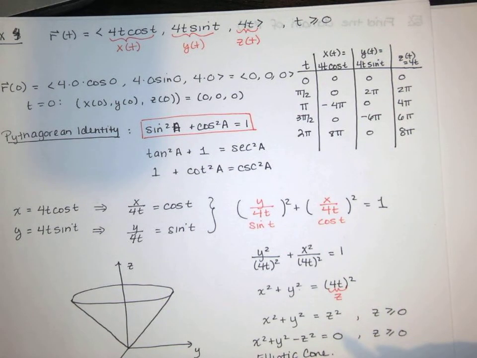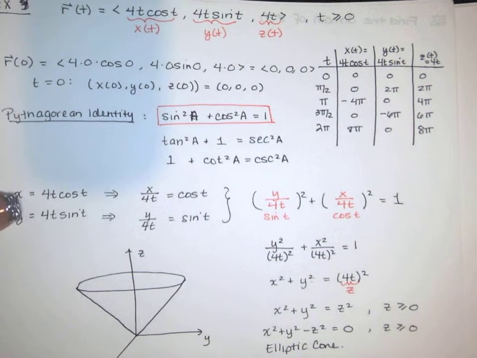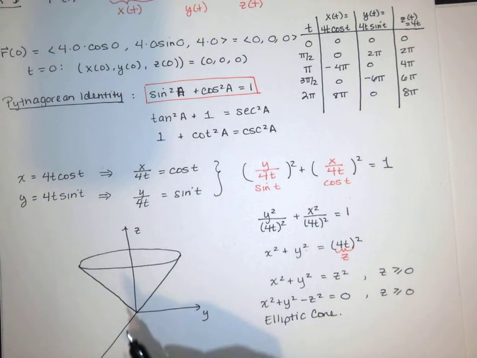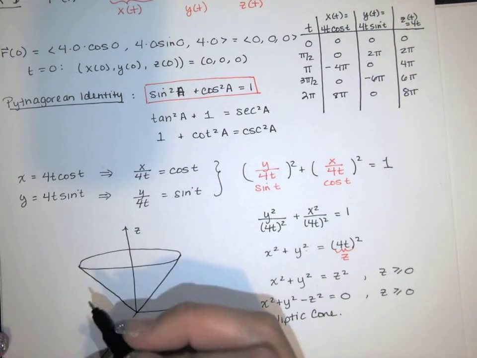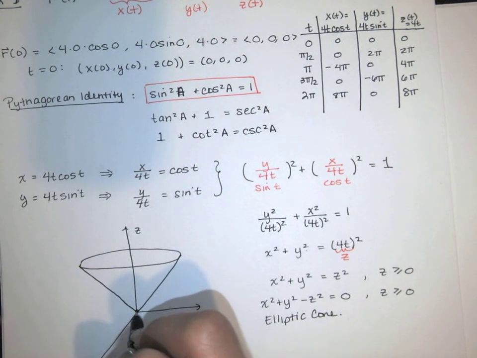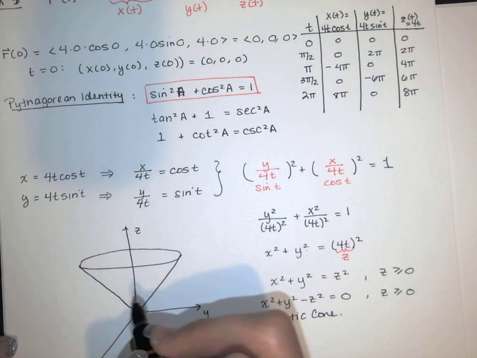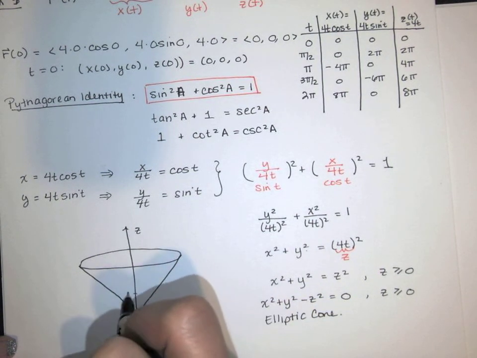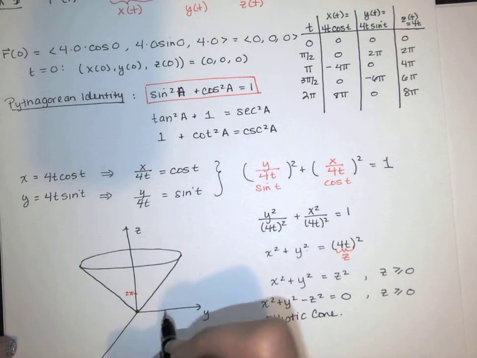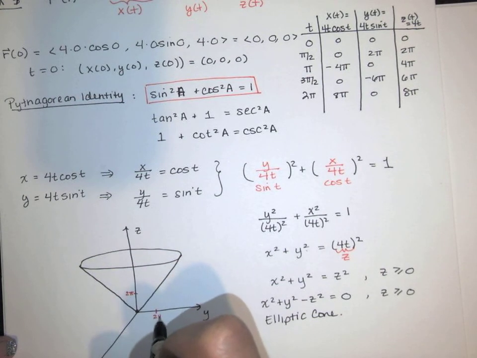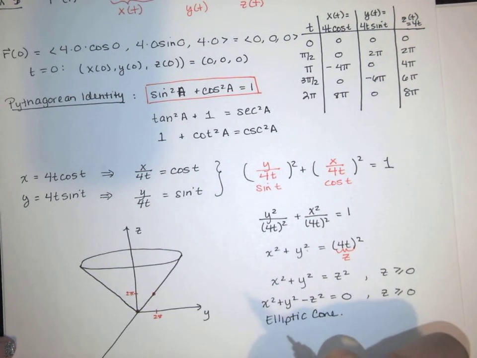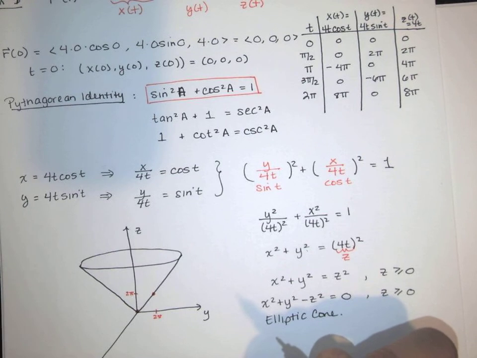Do you see what's happening? Maybe it's a little bit difficult to see. But we start here at 0, 0. And then sometime later, we're at z equals 2 pi, y equals 2 pi, x equals 0. So we're right here on the curve.